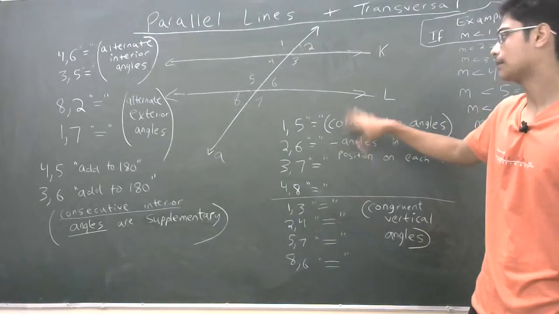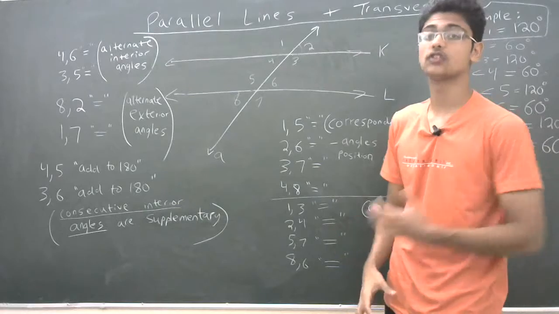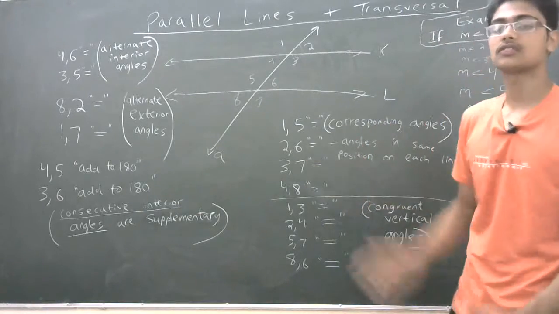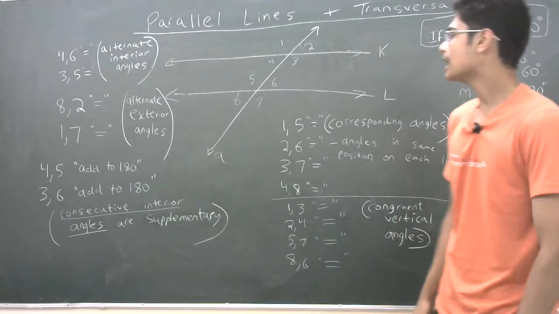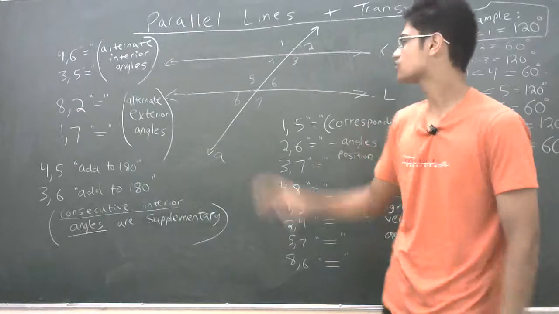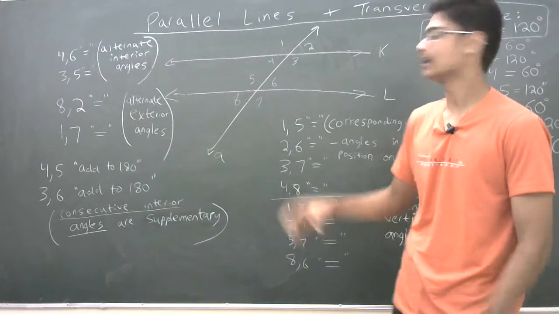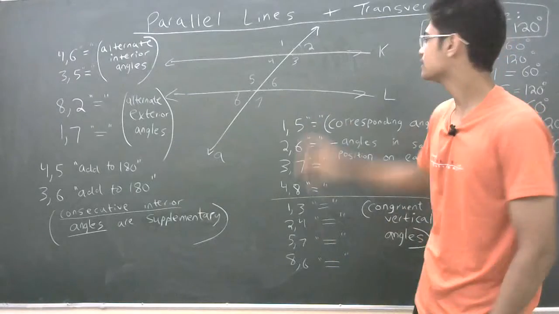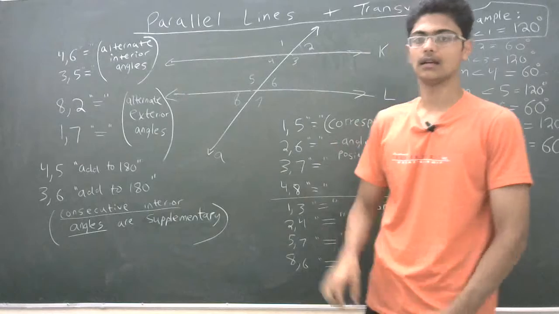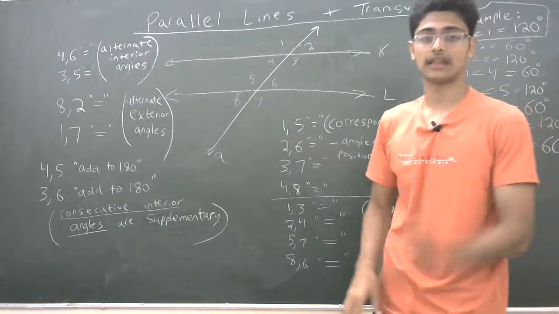So that's one type of angle that you should know, especially when you're looking at two parallel lines being cut by a transversal. And the second type is alternate interior angles. Whenever I think about these, I think about them being interior, so let's look at angles that are enclosed inside or within the two parallel lines, within K and L. Alternate means angles that are alternating, and those angles that are interior.